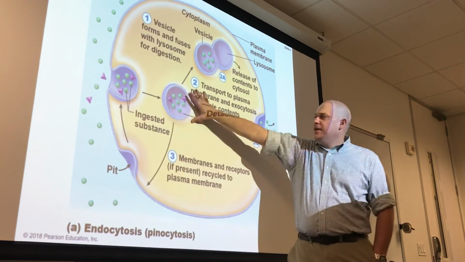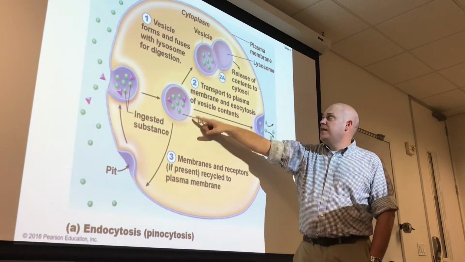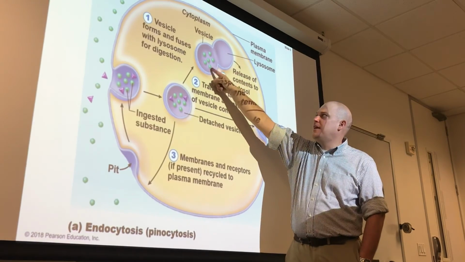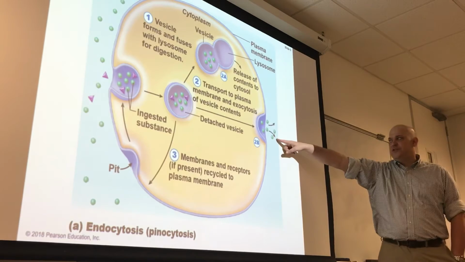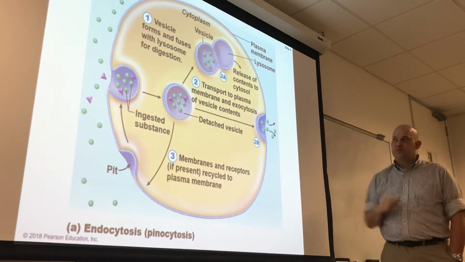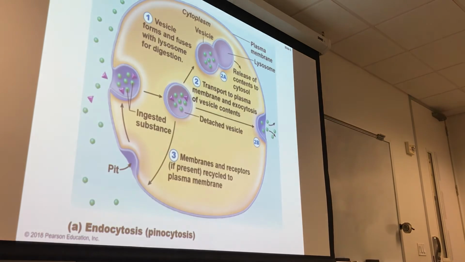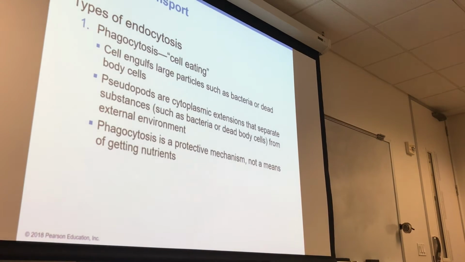They will bring those particles into the cell in a vesicle. That vesicle will fuse with our lysosome, which will dump digestive enzymes on it, break it down into small components, and then we exocytose what the cell doesn't want. So for bringing in large particles, we refer to this as phagocytosis, or cellular eating.